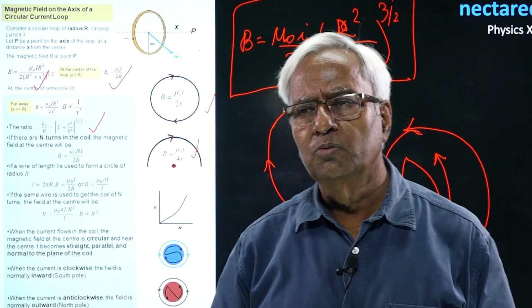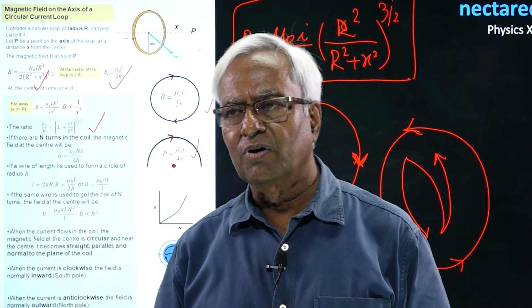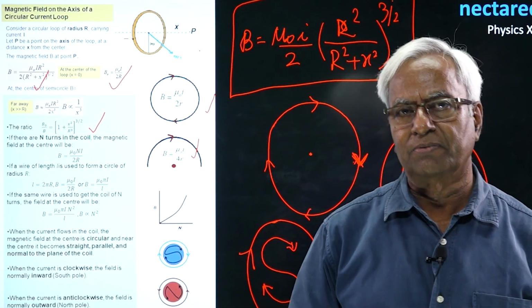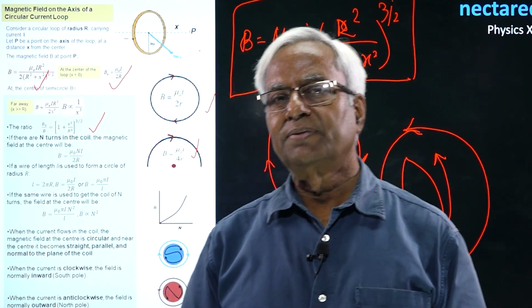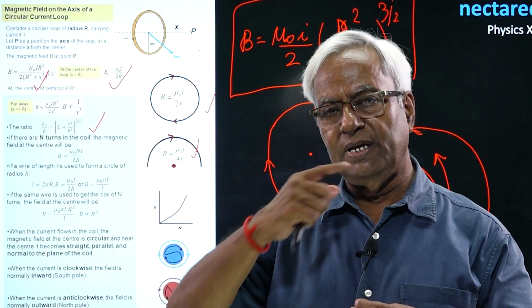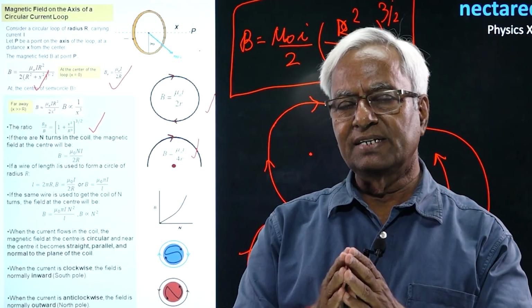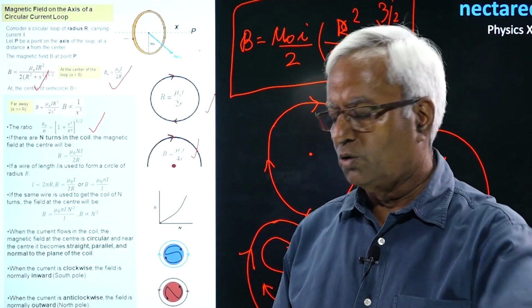These two rules, you might say shortcut rules, we are not assigning any name, nor does the credit go to any particular scientist for this. But we do remember, and that is very important, that if the current appears clockwise, that is the south pole. If the current appears anti-clockwise, that is the north pole.